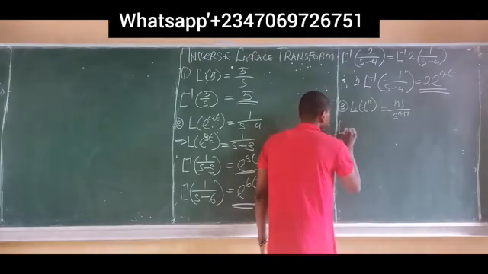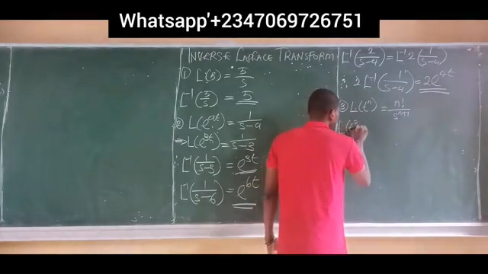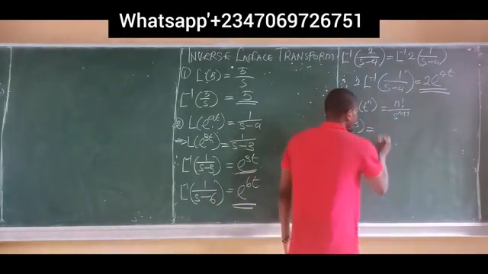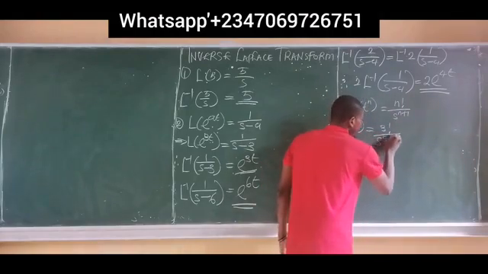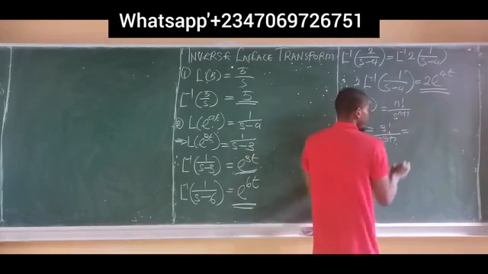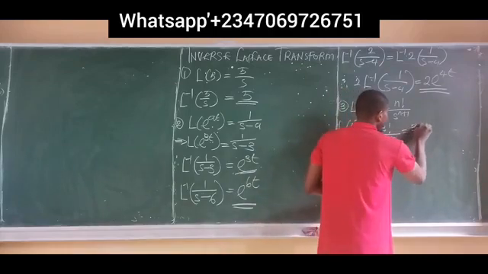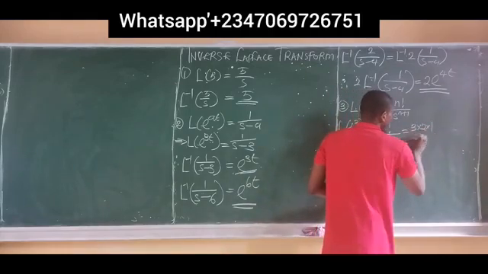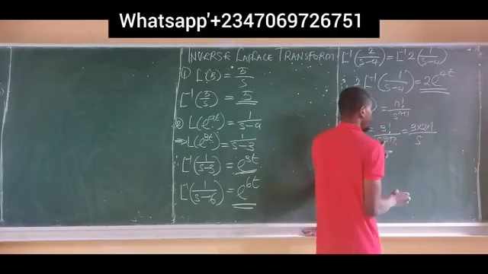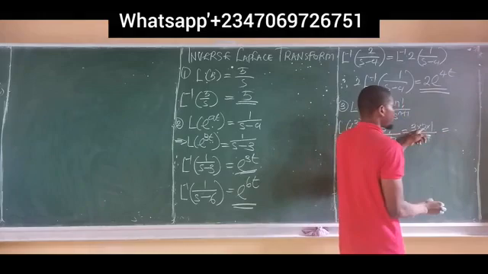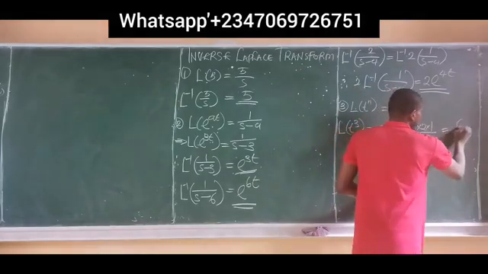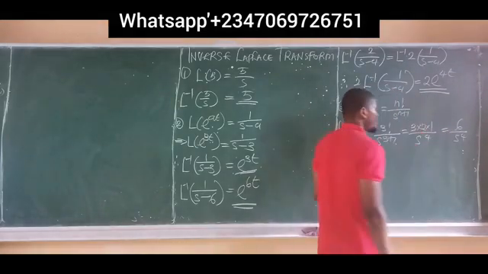Hence, if I'm asked to find the Laplace of t to the power of 3, this is 3 factorial all over s to the power of 3 plus 1. What is 3 factorial? I have 3 times 2 times 1, all over s to the power of 4. So 3 times 2 is 6, times 1 remains 6, all over s to the power of 4.